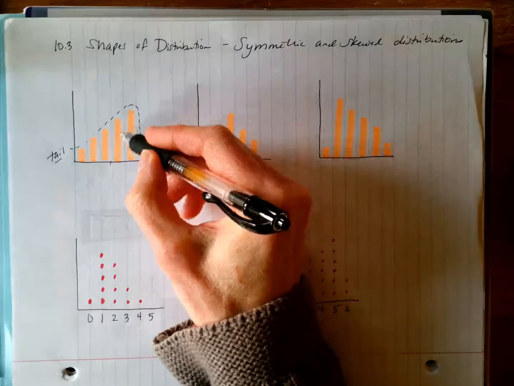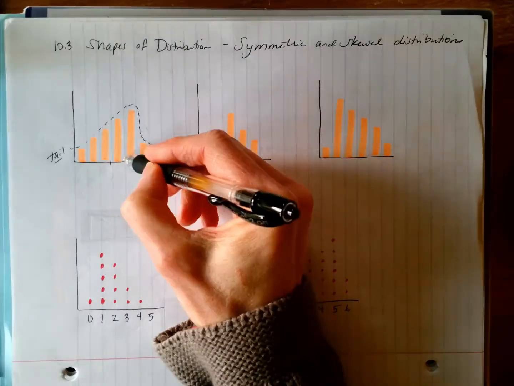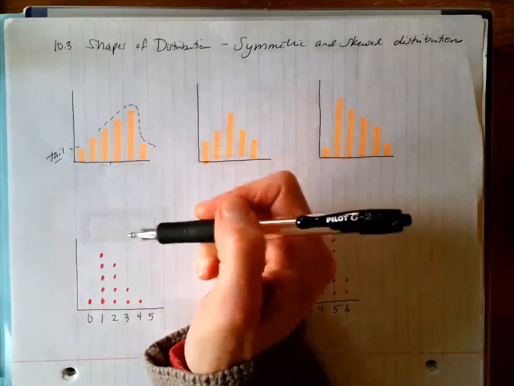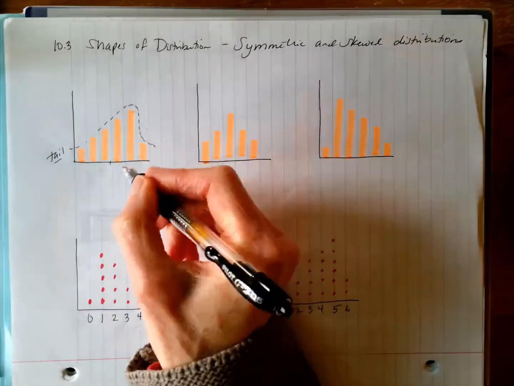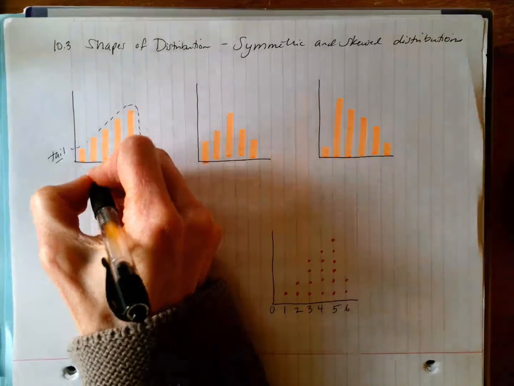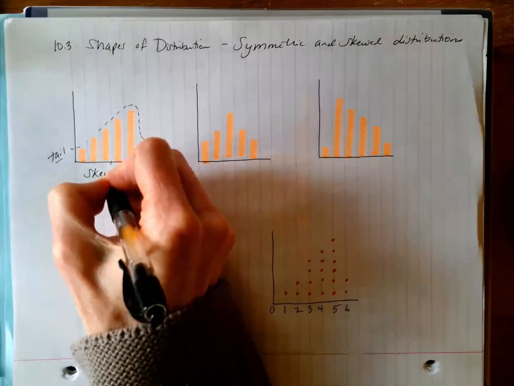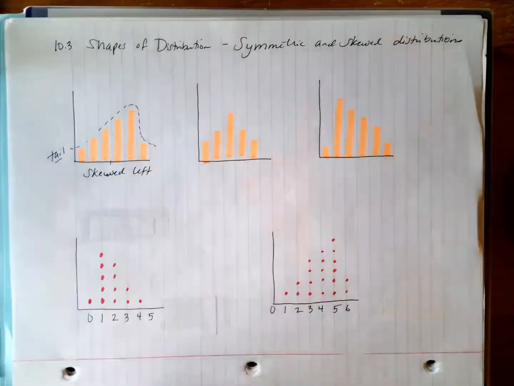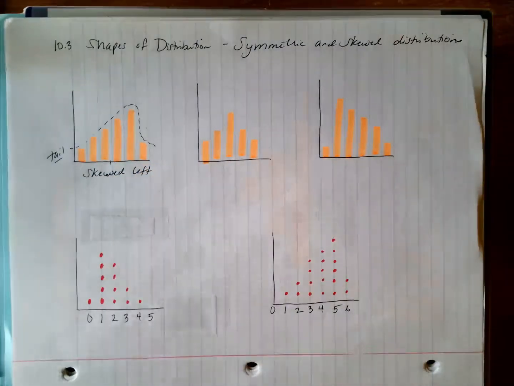If most of the data is on the right-hand side, the tail is going to extend off of the left side. And that's how this graph is going to get its name. This data is said to be a skewed left graph.